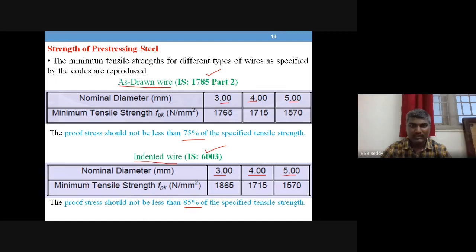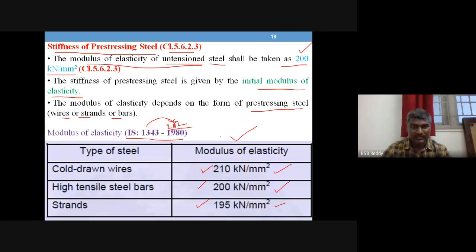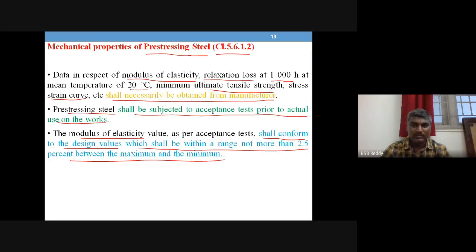As drawn wires, it is part 2. Indented wires, it is 6003, and whereas for strands, it is 6006. Okay, and for Young's modulus, we need to strictly follow the manufacturer.